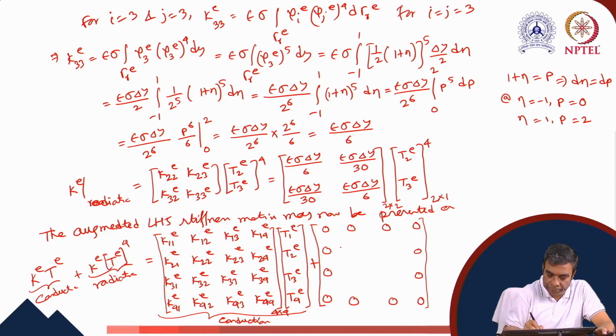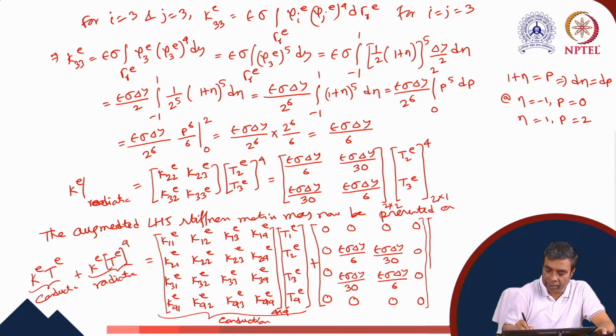So it is epsilon sigma delta y by 6, epsilon sigma delta y by 30, epsilon sigma delta y by 30. This is the 3-2 term, and the 3-3 term is epsilon sigma delta y by 6.